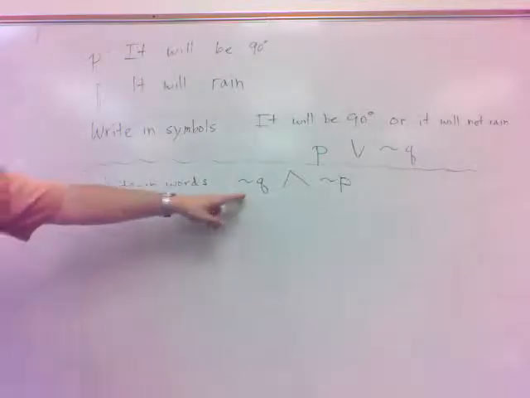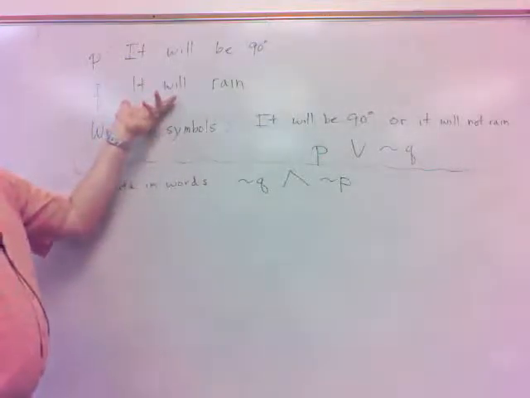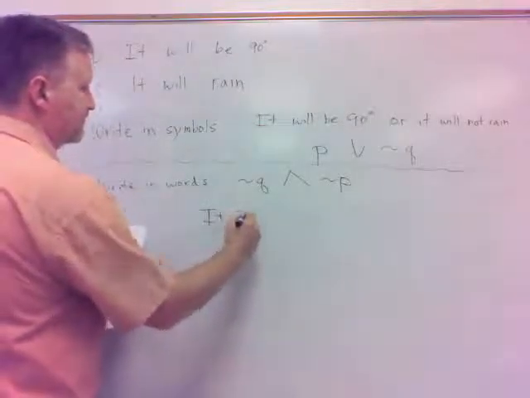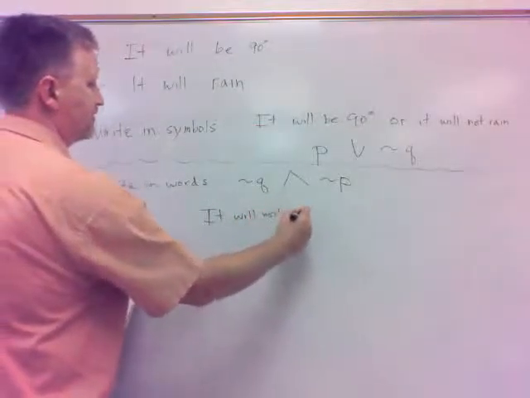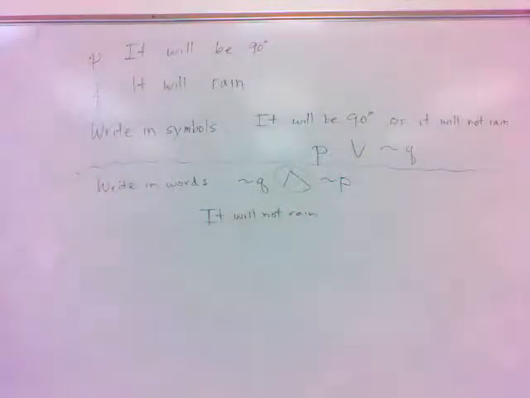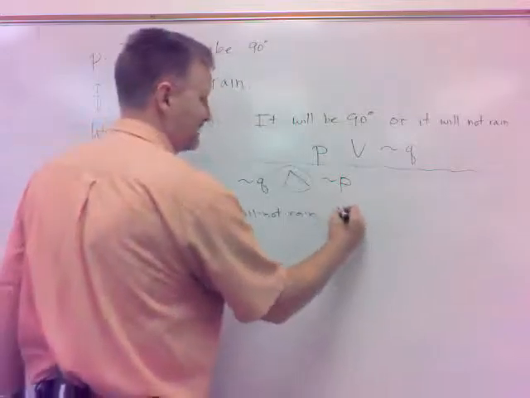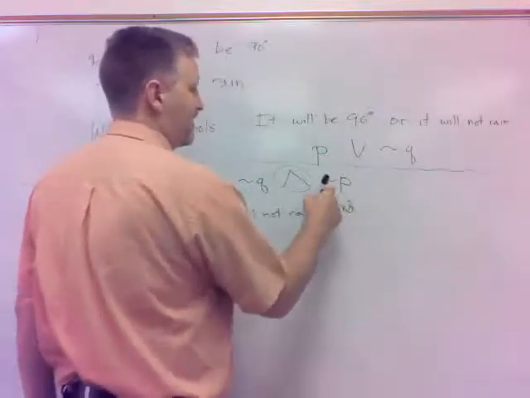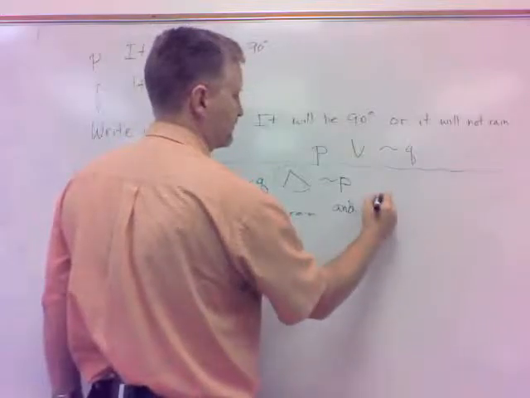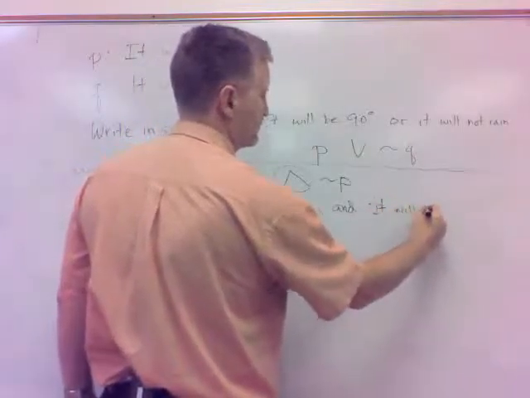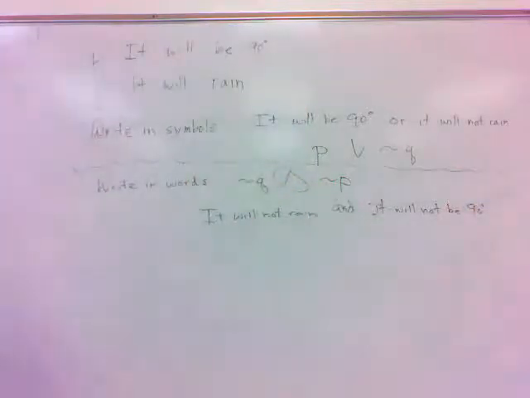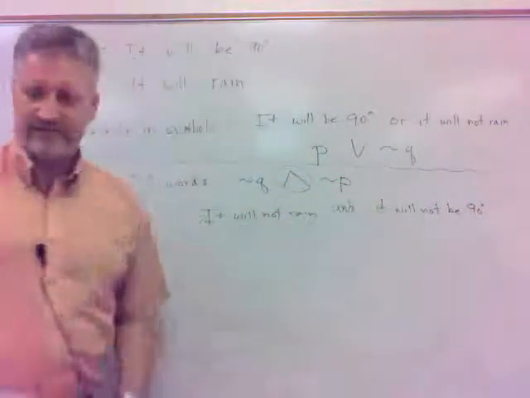Well, squiggly Q is the negation of Q, so it will not rain. And then this symbol, well, that's the and. Like I said, it looks more like an A than the other. And not P is the negation of P, so it will not be 90. Okay? All right, so like I said, it's not anything difficult yet, just so you know.